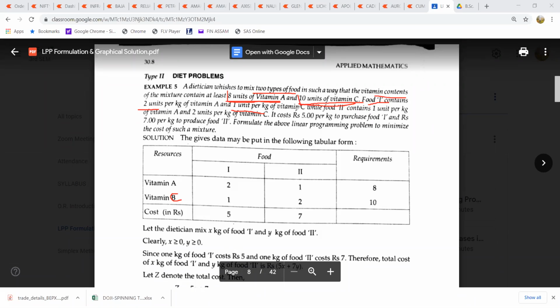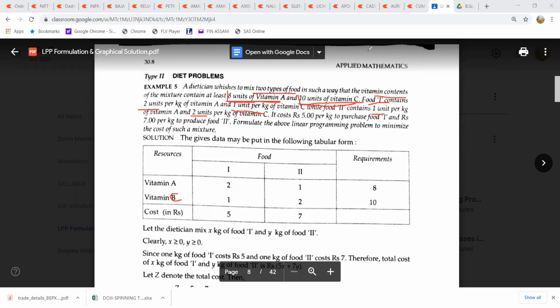Similarly, food two has 1 unit of vitamin A and 2 units of vitamin C per kg.